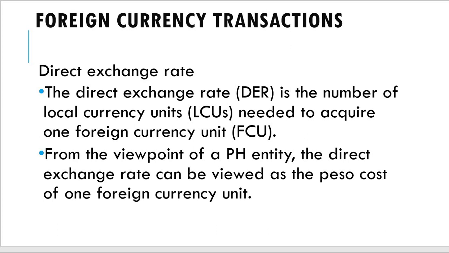From the viewpoint of the Philippine entity, the exchange rate can be viewed as the peso cost of one foreign currency unit. Meaning to say, how much peso we need to purchase one foreign currency.